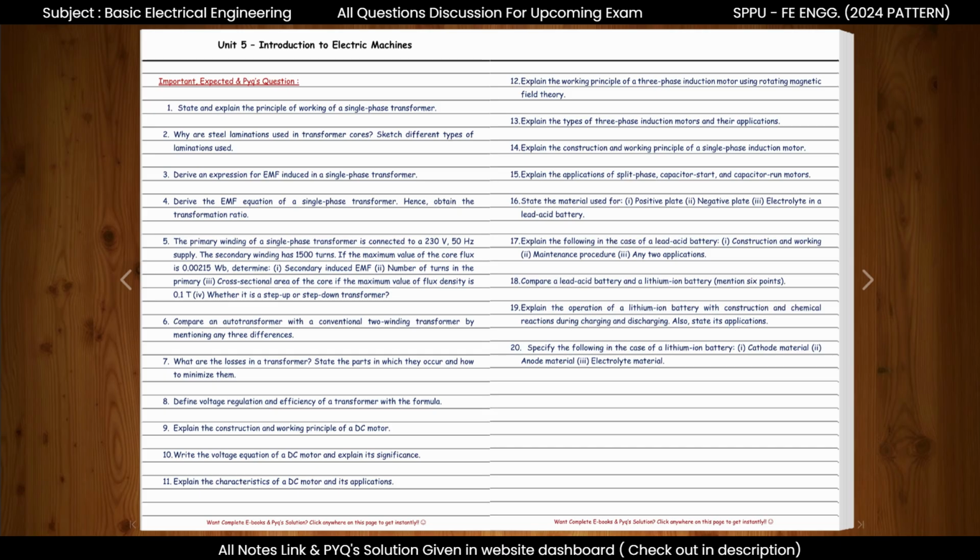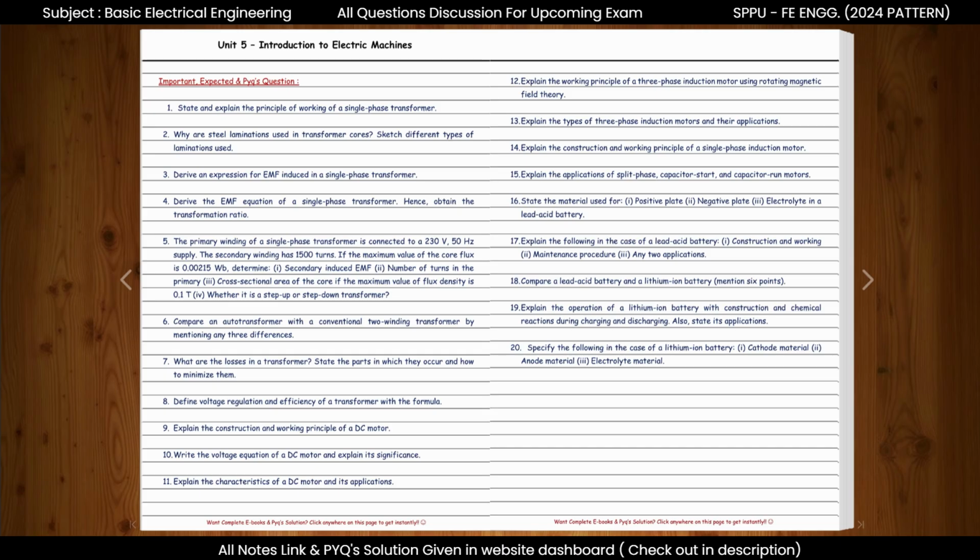Alright, let's move on to our next important topic. Derive an expression for EMF induced in a single-phase transformer. From this topic, we can expect questions such as derive the EMF equation of a single-phase transformer and hence obtain the transformation ratio. The EMF equation of a transformer is derived from Faraday's law of electromagnetic induction.